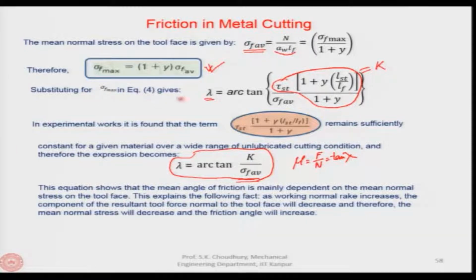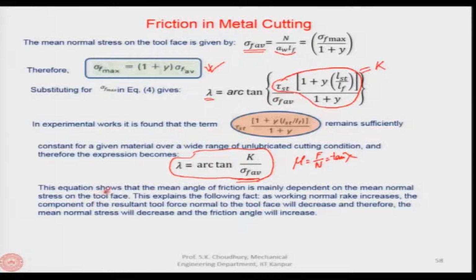So finally, we get the friction angle is this, and it was said that this factor remains sufficiently constant in practice, and therefore this can be assumed to be equal to arc tan of some constant, divided by sigma f average.